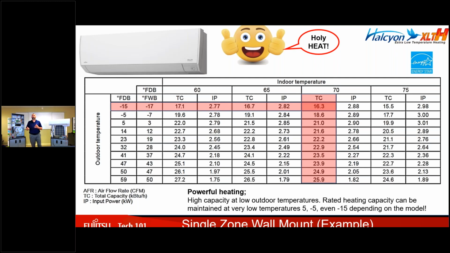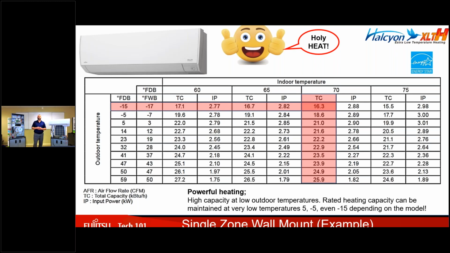Okay, so there you can kind of see where we start to outperform the competition, and especially standard unitary heat pump applications, or electric baseboard, or electric heat element heating type units. We're saving a lot as far as the energy consumption is concerned, and we're able to provide lower temperatures, higher BTUs.